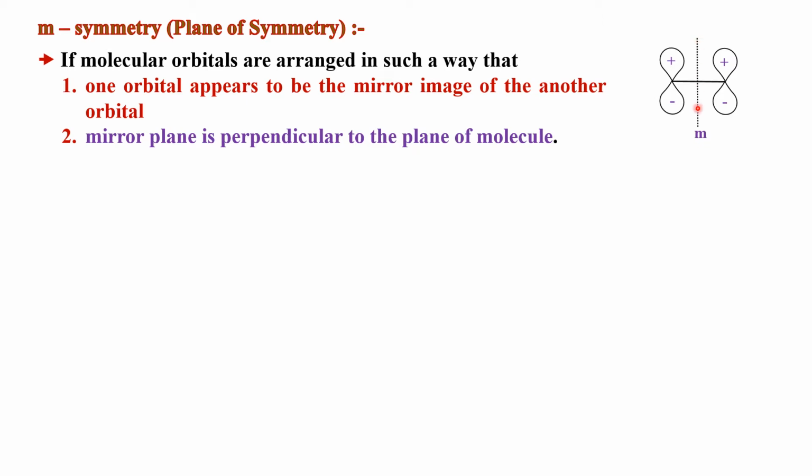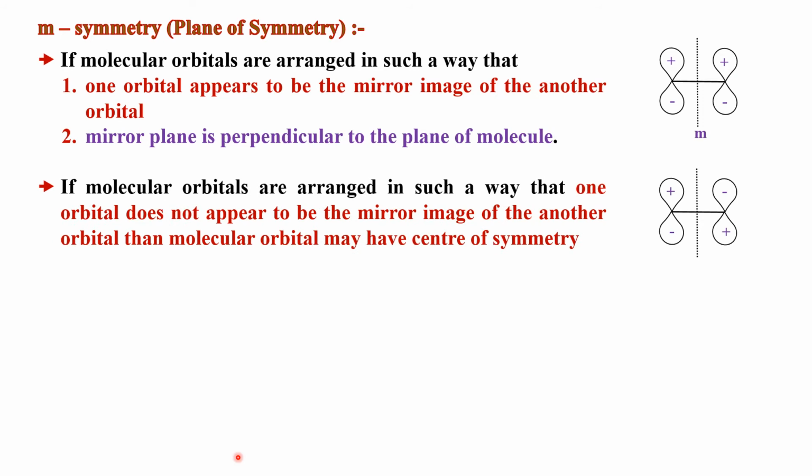This mirror is perpendicular to the plane of the molecule. This type of arrangement shown by the molecular orbital is called M symmetry. If this type of arrangement is not available, and the orbitals are not mirror images of each other, then the molecule will not show any M symmetry.